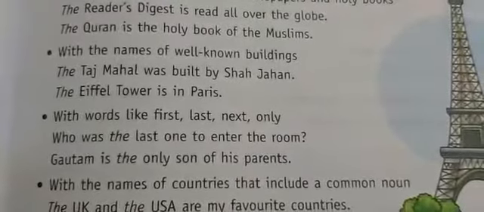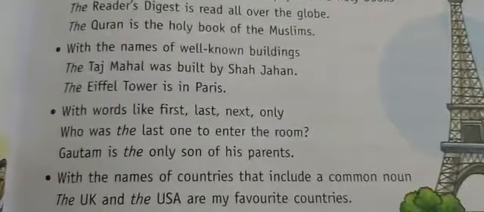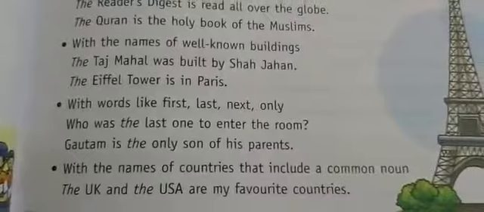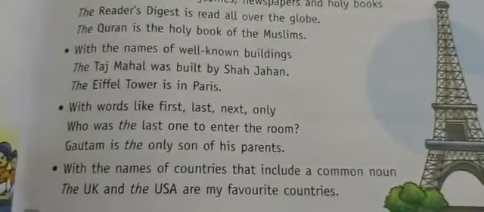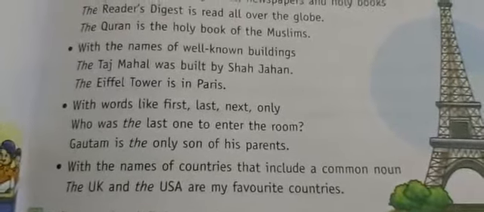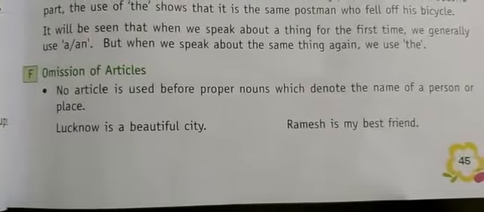The Taj Mahal was built by Shah Jahan. The Taj Mahal is a well-known building. It's a well-known monument. So we can use the with well-known monuments also, like the Eiffel Tower. It is also used with words like first, last, next, only, and with the names of countries that include a common noun.